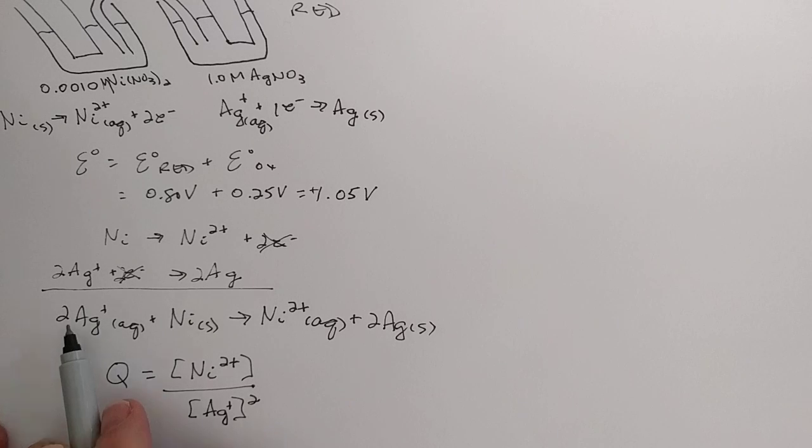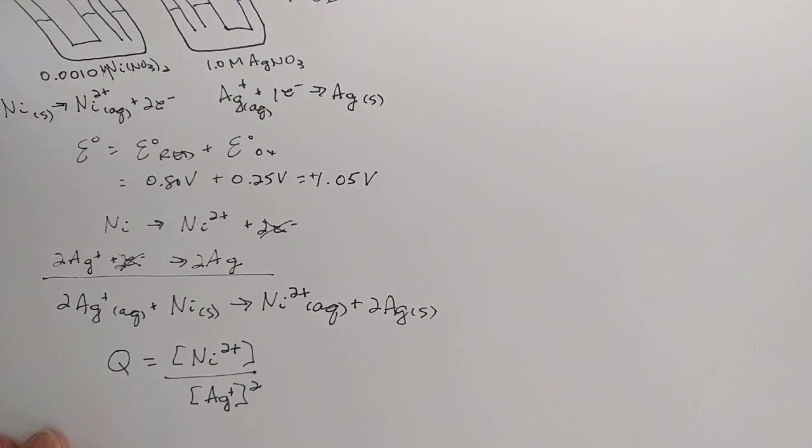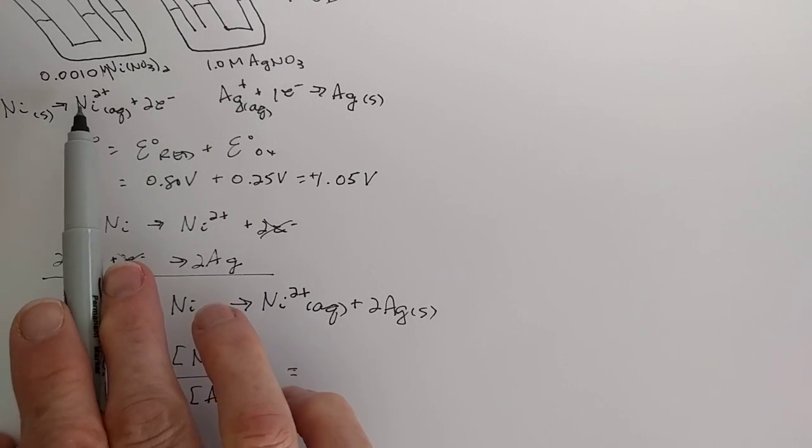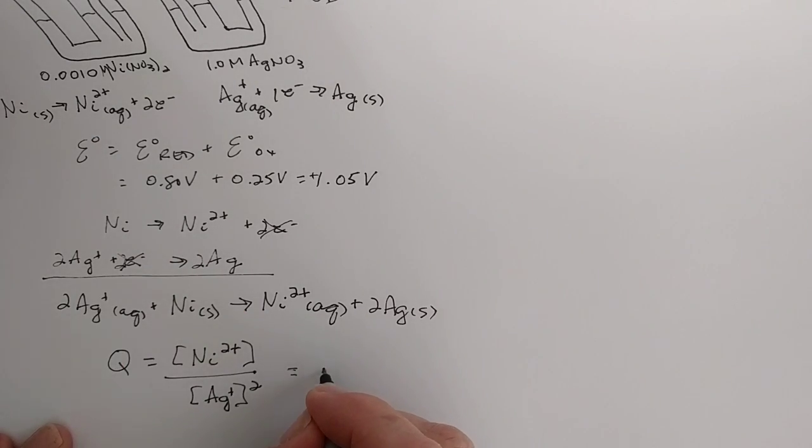Remember, for our equilibrium, we have to take into account the coefficients. All right, so our Q here then: our nickel concentration is 0.0010, and our silver is 1.0 squared. So our Q is 0.0010.